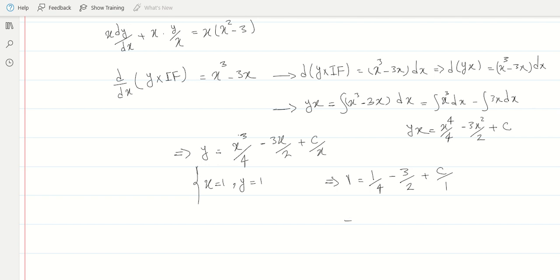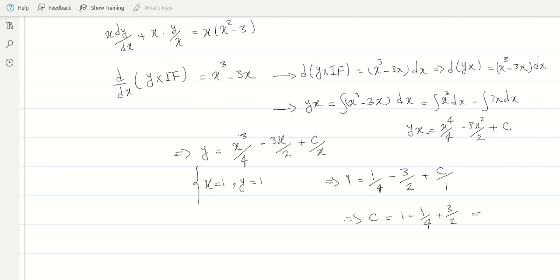And based off this equation, we can see c is equal to 1 minus 1 over 4 plus 3 over 2, which we can calculate and say 1 is 4 over 4, 4 over 4 minus 1 over 4 is 3 over 4.